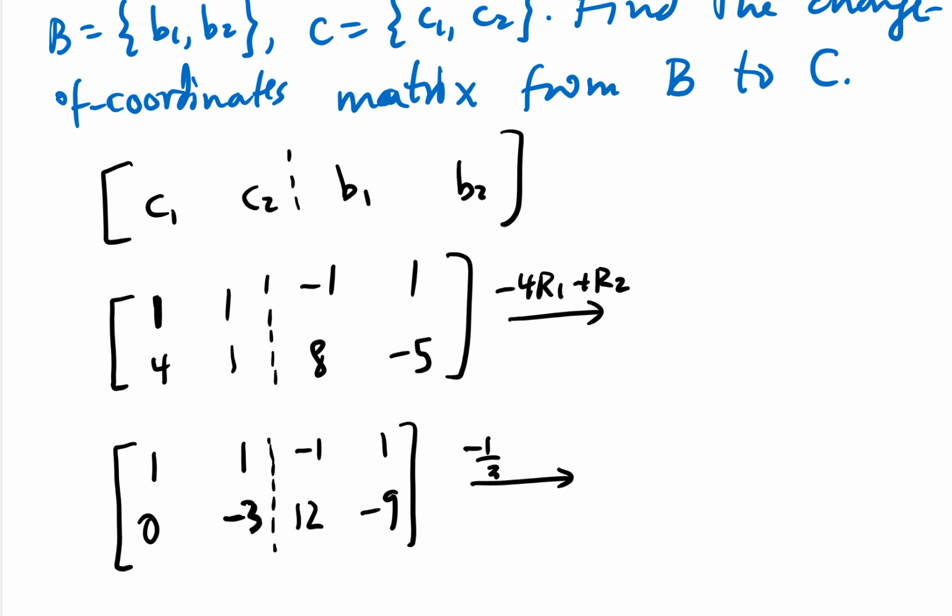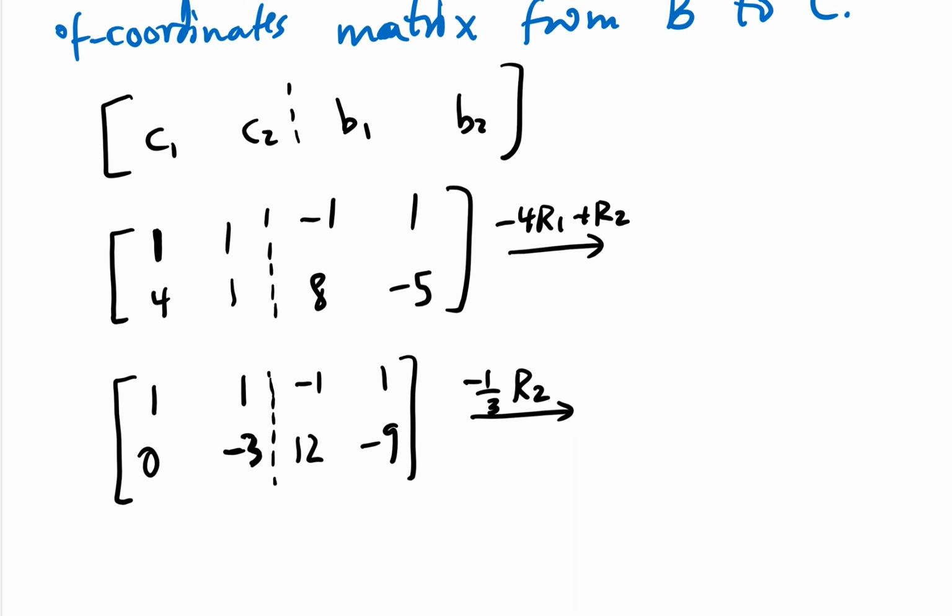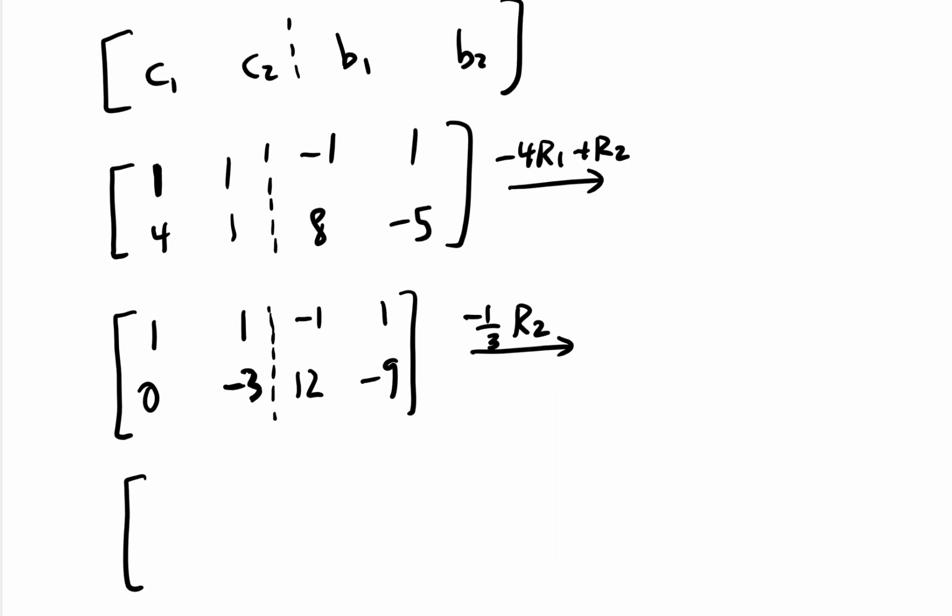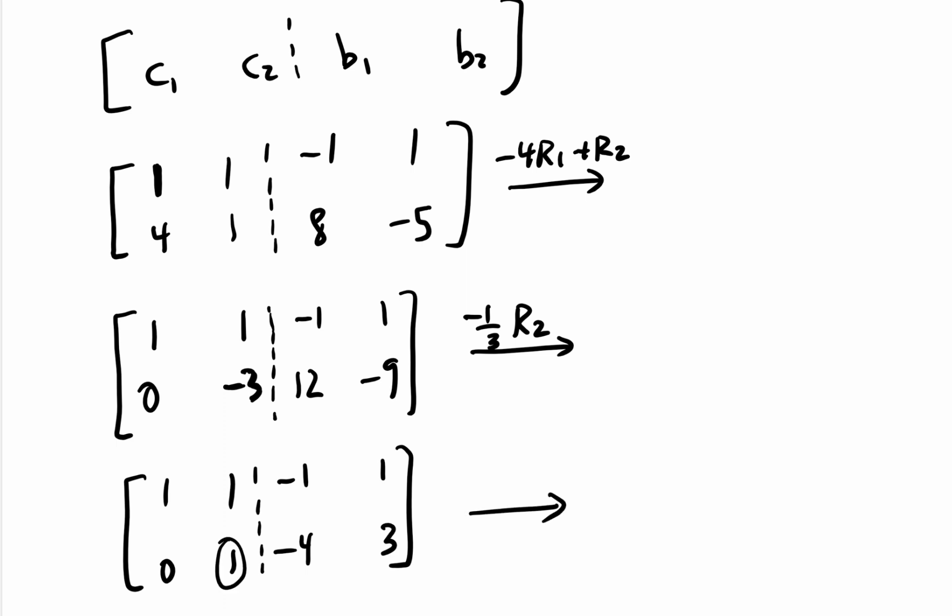So negative 1/3 row 2. 1, 0, 1, 1, negative 1, 1, negative 4, 3. So now I take that one and I use it to clean the number right above it. Negative row 2 added to row 1.